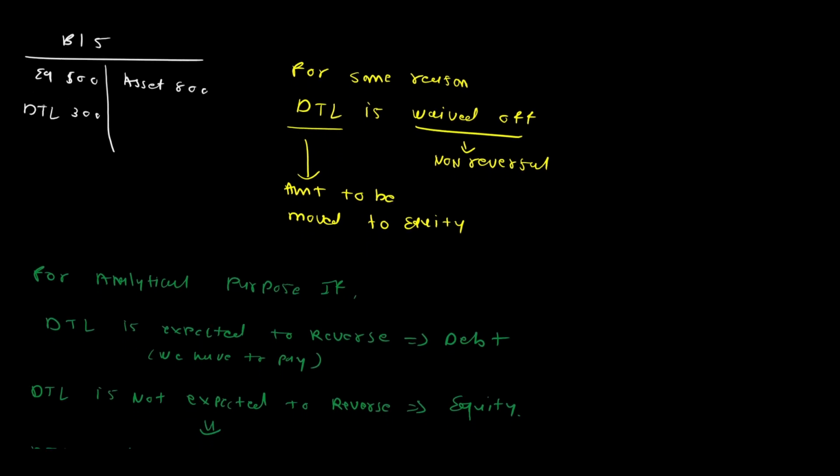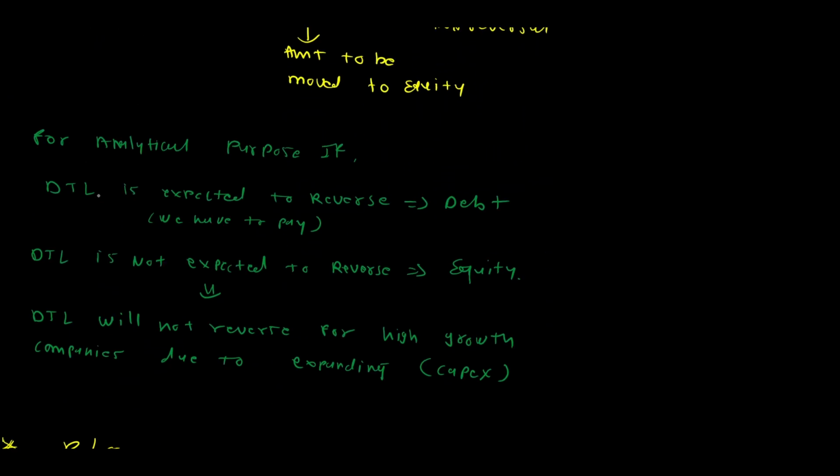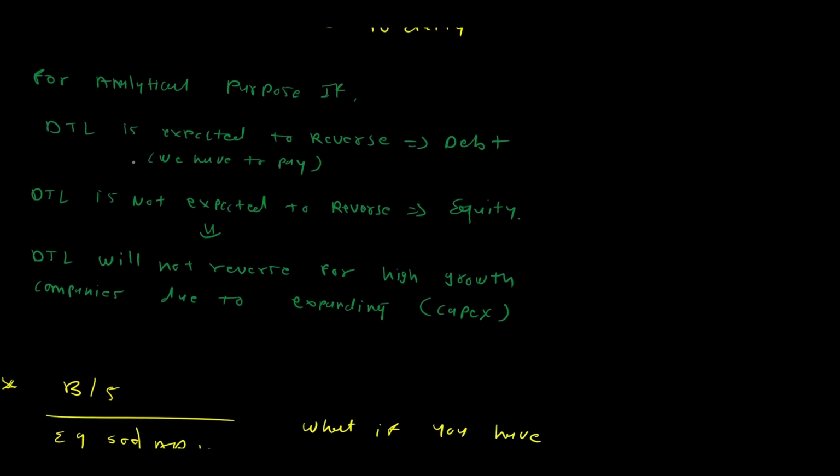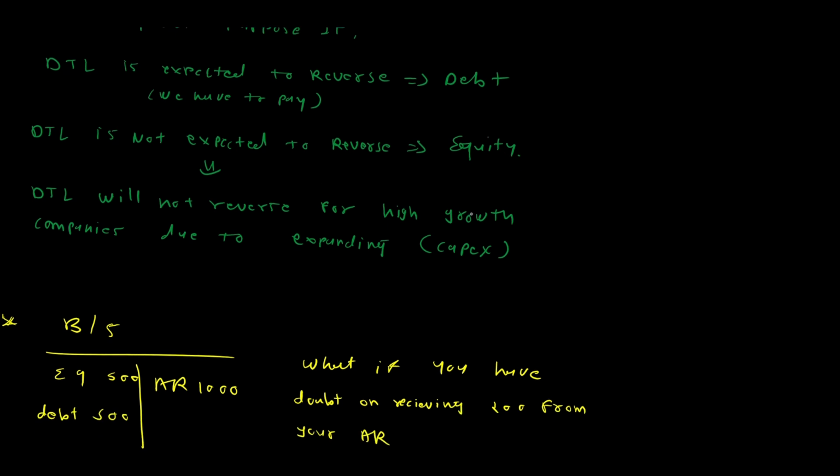So DTL will be shown as 0 and retained earnings will be shown as 300 in the same case. So for analytical purposes, if DTL is expected to reverse, it is debt, we have to pay. If DTL is not expected to reverse, it will move to equity.